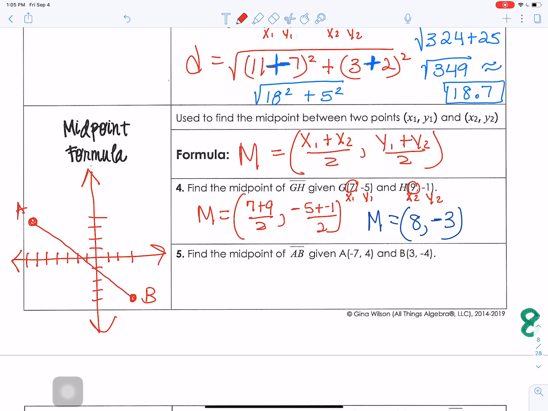So let's do the same thing. Let's go ahead and assign x1, y1, x2, and y2. And plug in. So remember, it's x1 plus x2. So that's negative 7 plus 3. And then y1 plus y2, so that's 4 plus negative 4.